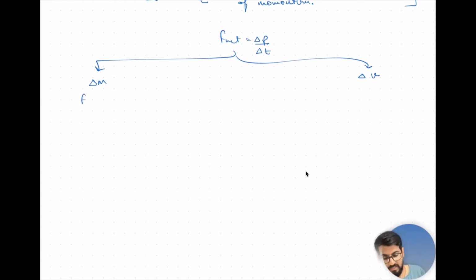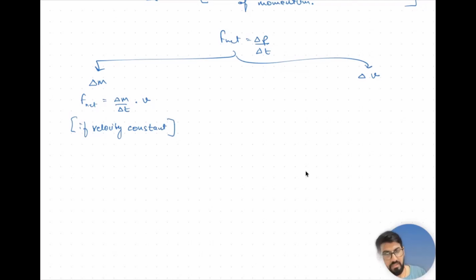So when the mass is changing, the net force or the average force can be written as delta m over delta t times velocity. We apply this if velocity is constant, or not changing. So my mass is changing, but my velocity is constant, then I will use this way.